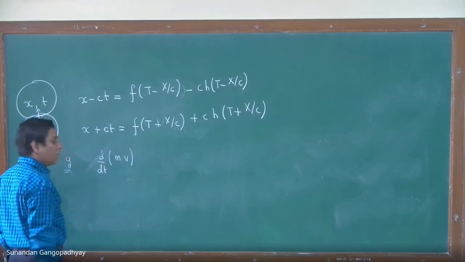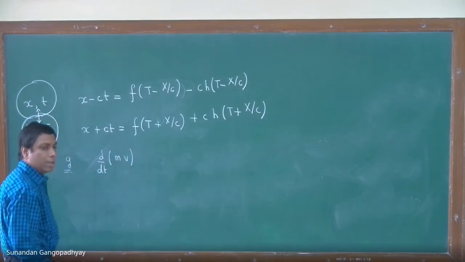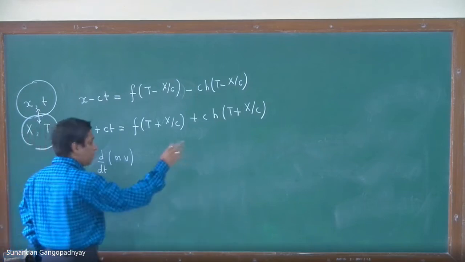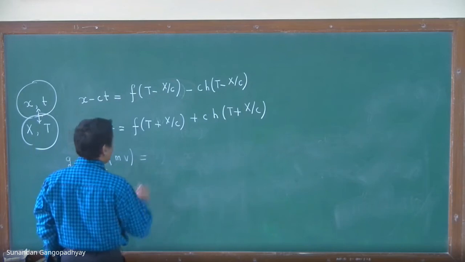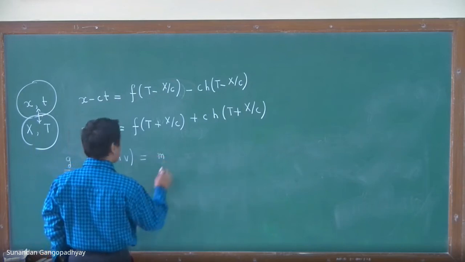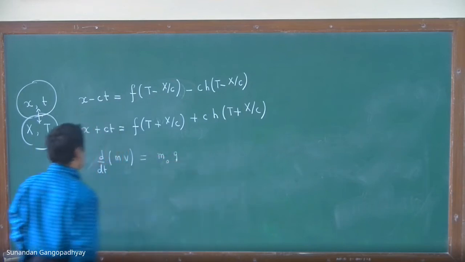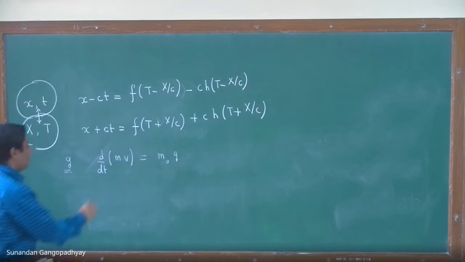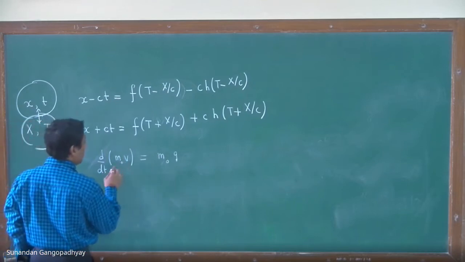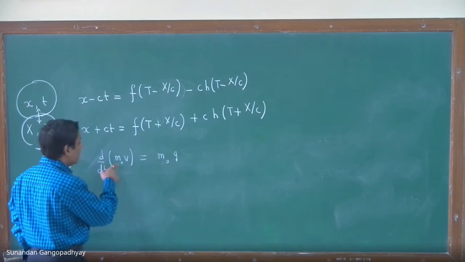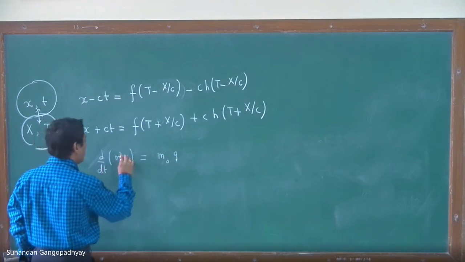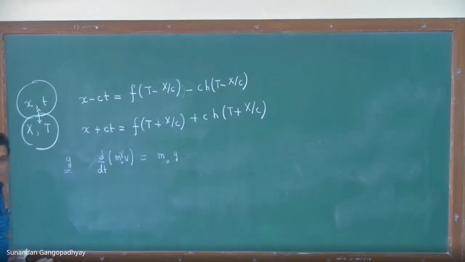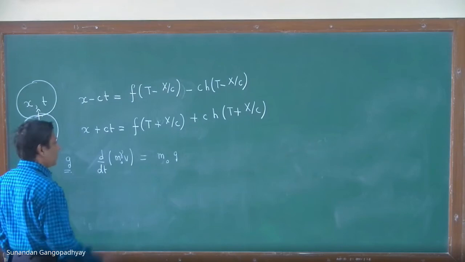It is only moving along the x direction, so you don't need to put a vector sign. It's a velocity v along the x direction. So d/dt of mv is equal to m naught g. You replace m by the relativistic mass. This relativistic mass is basically m naught times gamma, where you know what that factor is. Gamma is 1 by square root of 1 minus beta square. Beta is v by c.